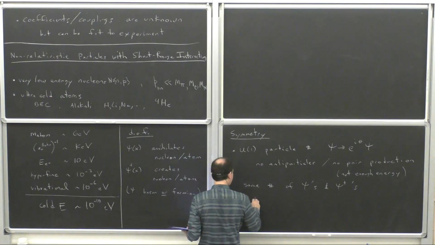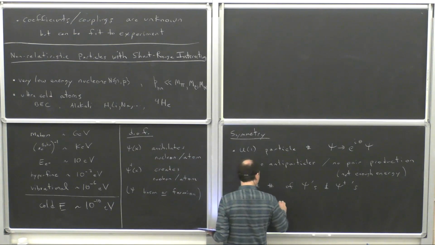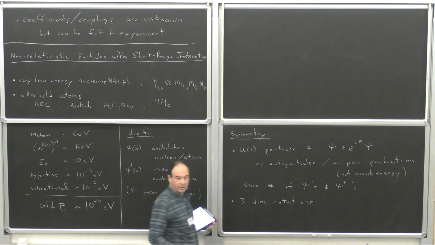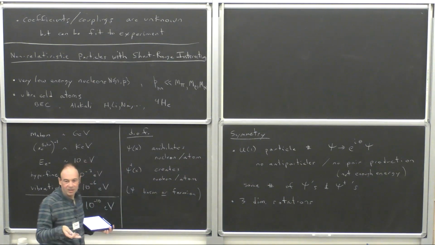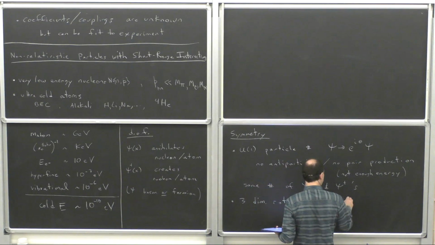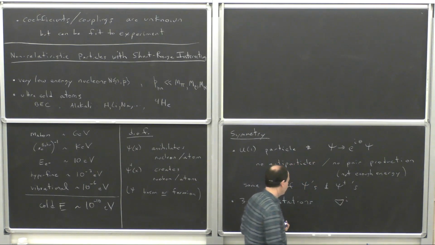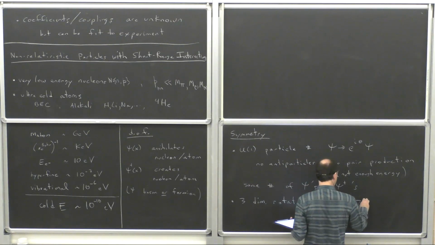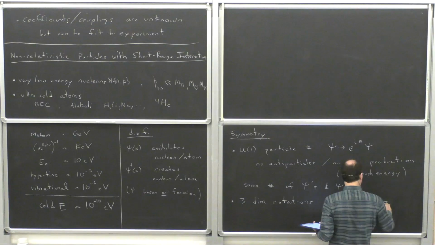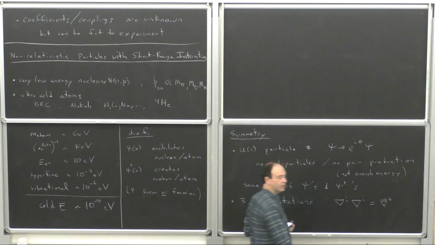Okay, something else that's a good symmetry is rotations. This is a non-relativistic theory, so the Lorentz group is going to be broken, but of course rotations we still have. And that's going to tell us that if we have some spatial derivatives, we better dot them into some other thing with a spatial index, like grad squared is rotationally symmetric.